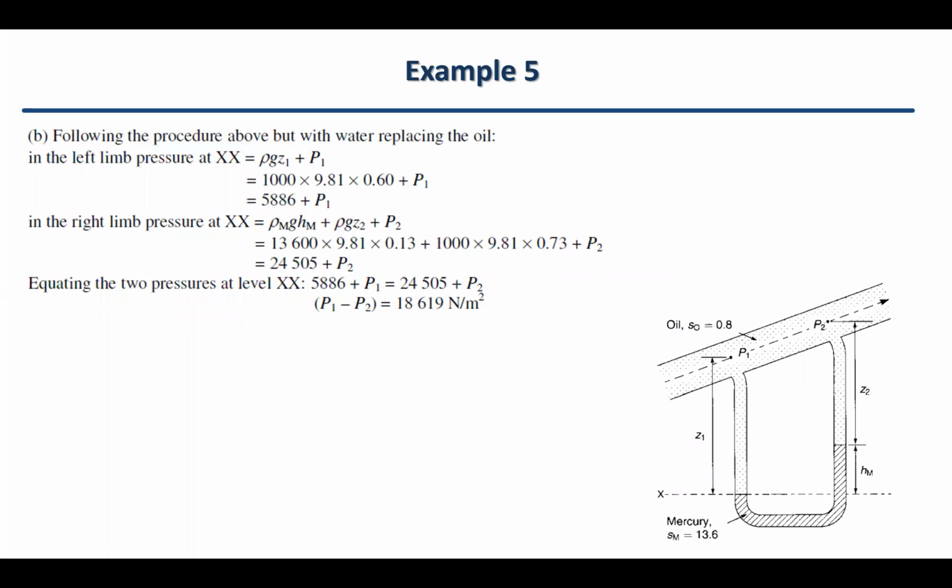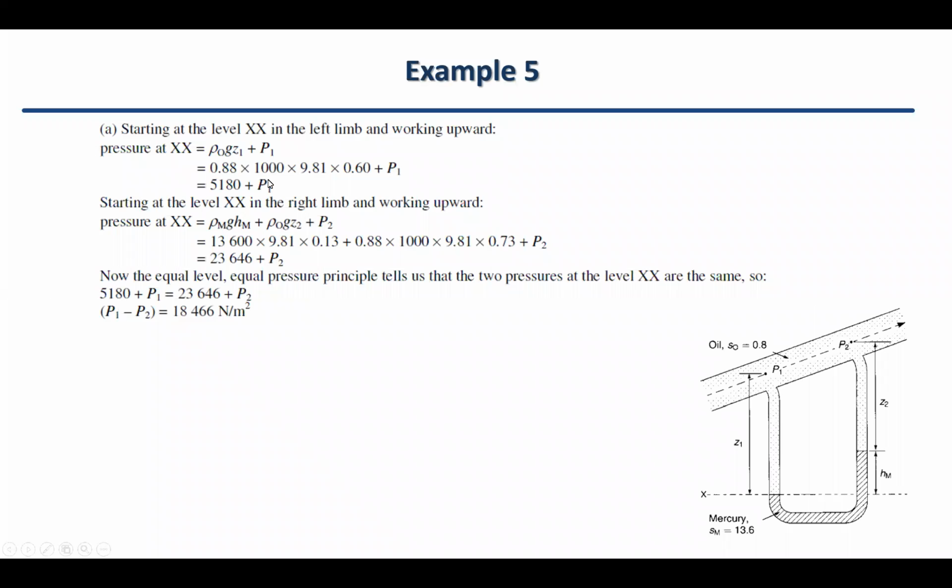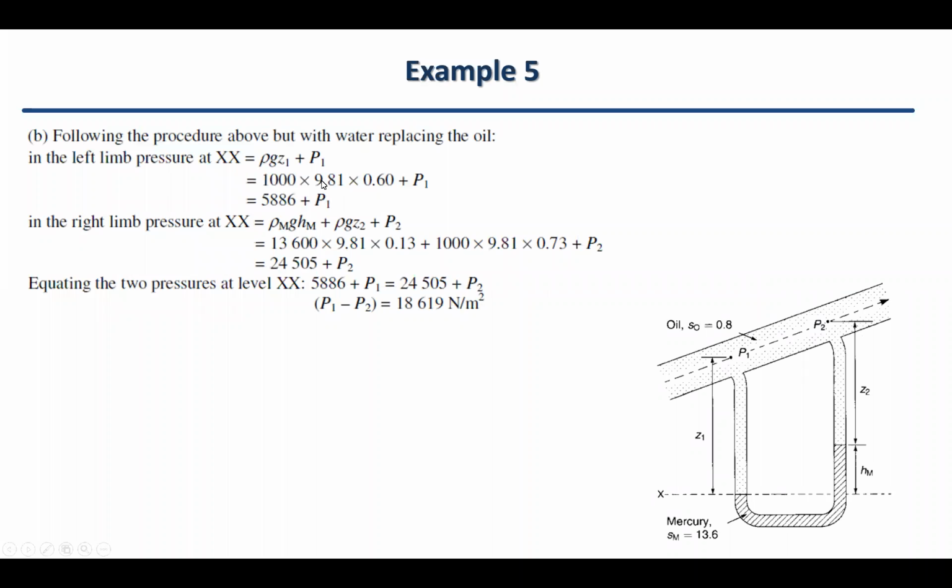For section B, in which the liquid in the pipe is water, we only need to use 1,000 rather than 0.88. We can write the same relationship, equate the right-hand side, and finally rearrange for P1 minus P2, which is equal to 18,619 newtons per square meter.